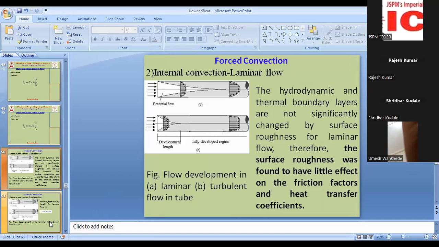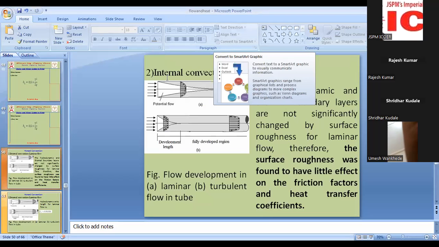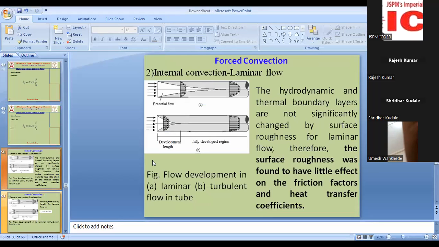Now, as I mentioned, wall roughness in the laminar flow will not affect your friction factor. Wall roughness in the laminar flow will not affect your heat transfer.